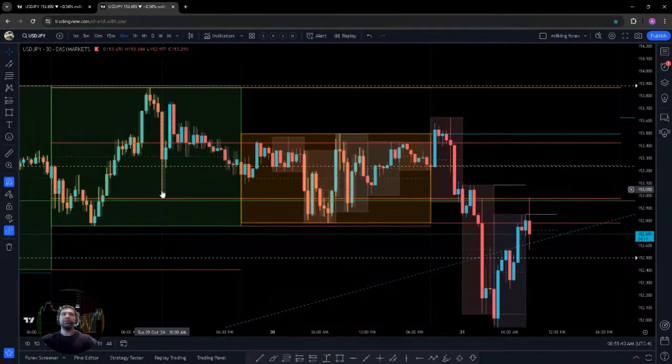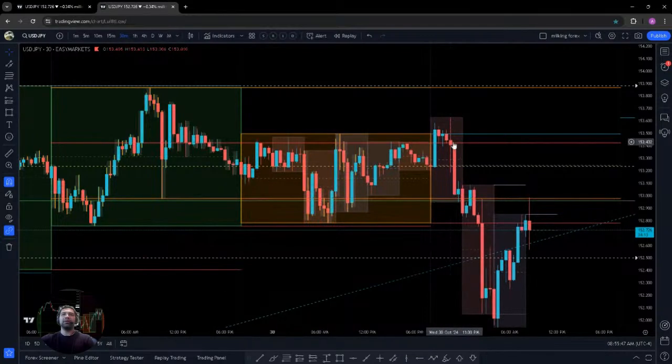This was the first range, from this point to this point, and the way price tried to break the range here, and then again the range got broken with a high.